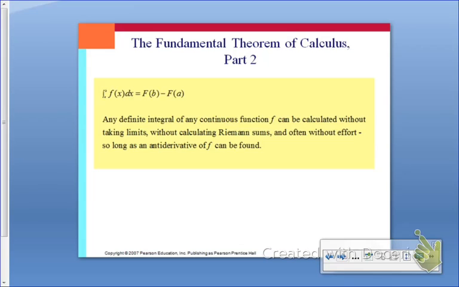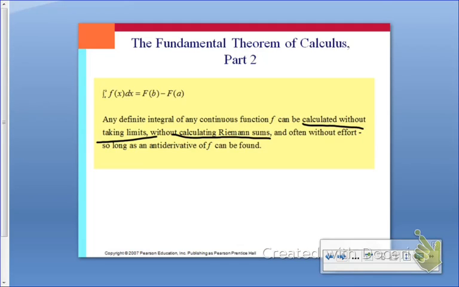Here's just a couple extra notes at the end here. Any definite integral can be calculated without taking limits, without calculating Riemann sums, and without effort, as long as the antiderivative of f can be found.